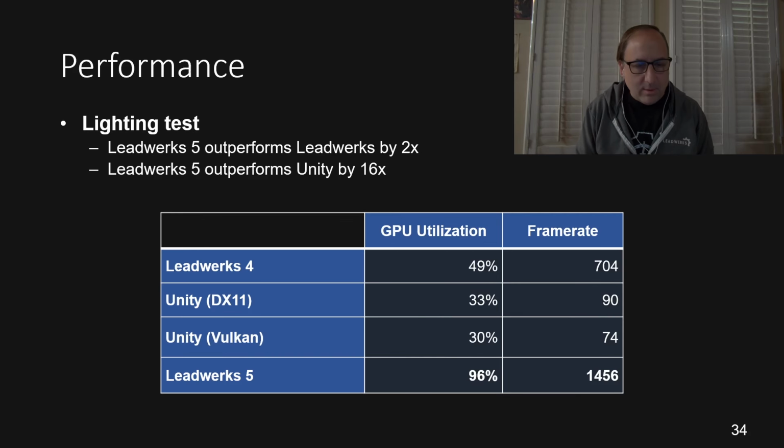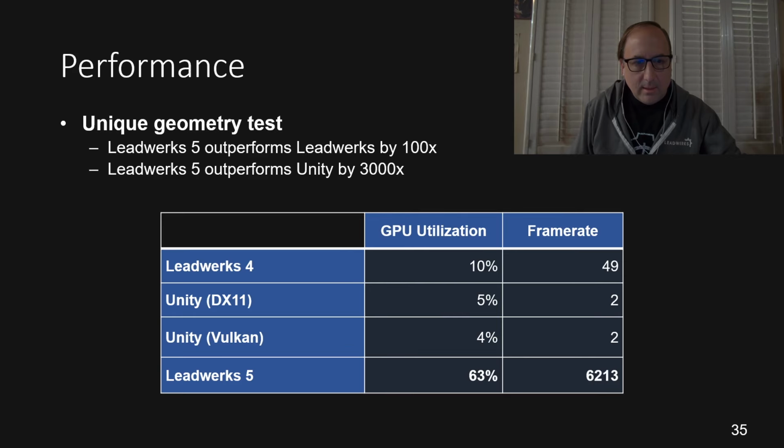Leadwerks 5 GPU utilization is 96. Frame rate is 1400. So again, that's the power of eliminating that bottleneck. It's not magic. It's just, we designed something specifically created for the problem that we're trying to solve. And that's what happens when you do that.